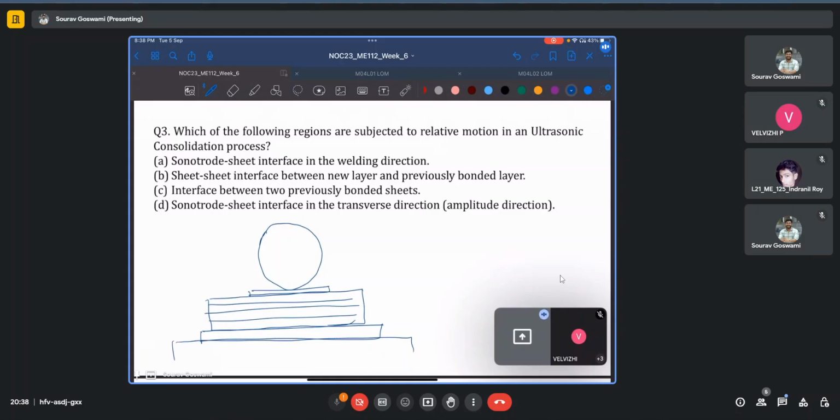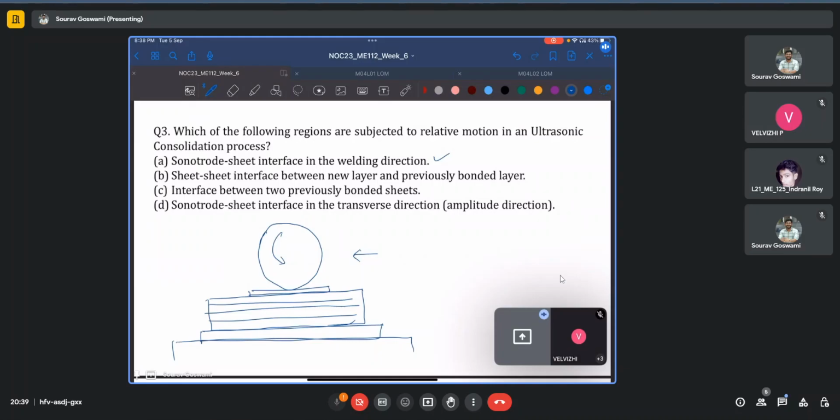So you have several interfaces here, and we are asked to find which of these regions are actually subjected to some relative motion. So the sonotrode sheet interface in the welding direction. The welding direction would be this one, corresponding to this motion of the sonotrode. So definitely the sonotrode is moving forward, and that is why more and more material is getting welded on top. So definitely here we do have relative motion.